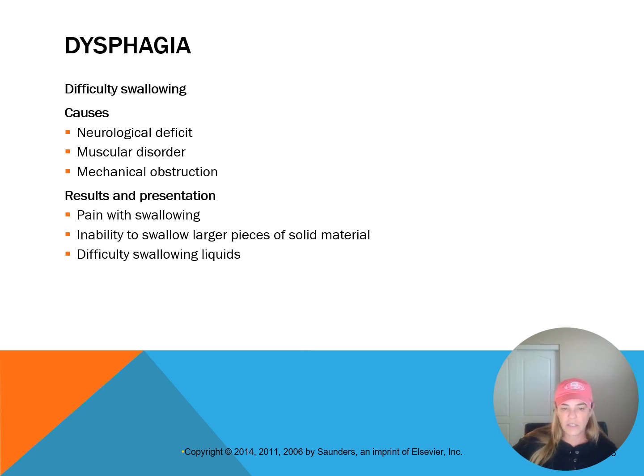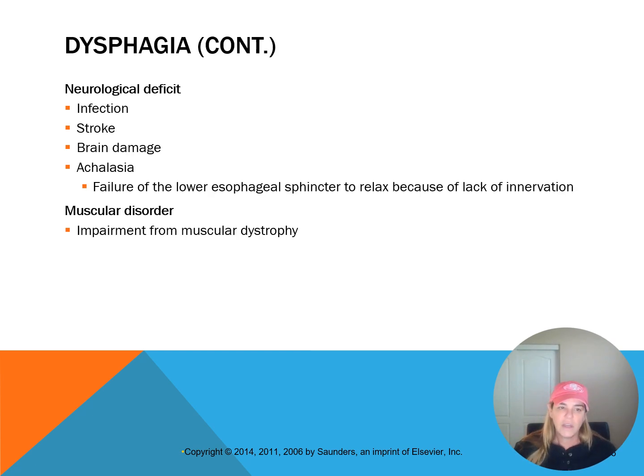They can present with pain when they swallow. They can present with the inability to swallow larger pieces of solid food, and they also have difficulty swallowing liquids. When they swallow liquids, they tend to cough, sound gurgly, or get hoarse. Those are all signs of dysphagia.